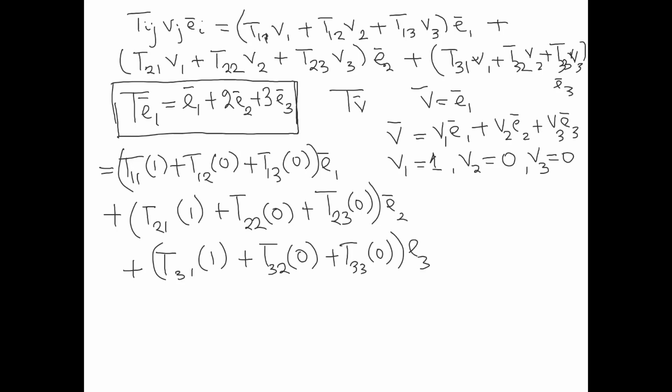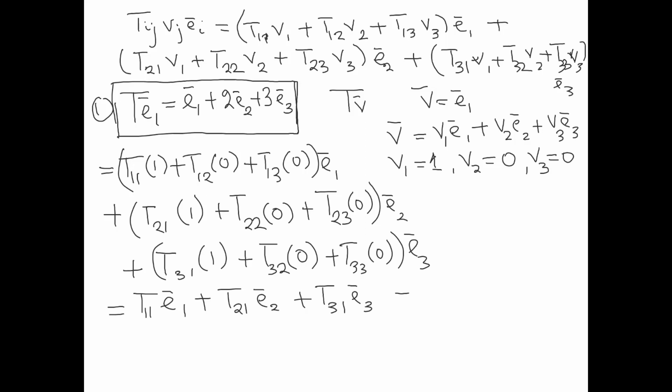Please keep in mind that we are answering the first one. And for the first one, instead of V, we have E1. And for us to have V equal to E1, V1 is 1, V2 is 0, V3 is 0. So when we apply that, we see that what we now get is T11 E1 plus T21 E2 plus T31 E3.